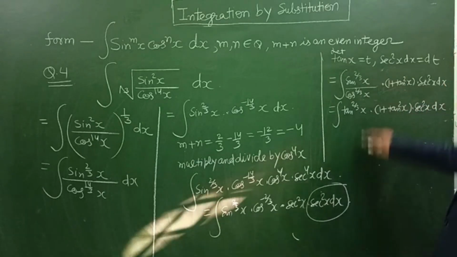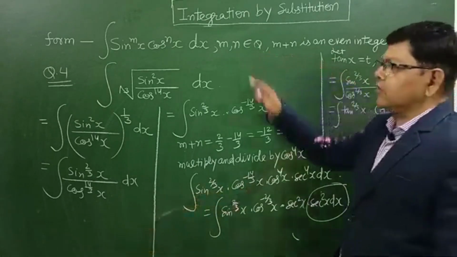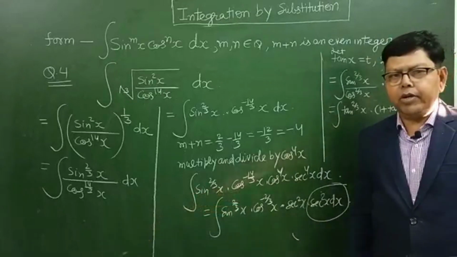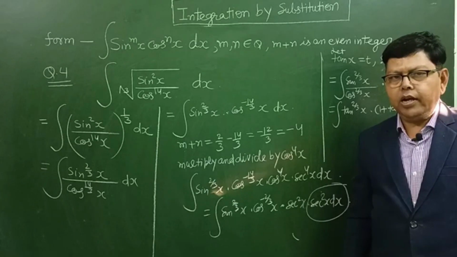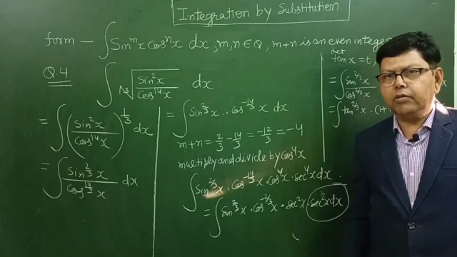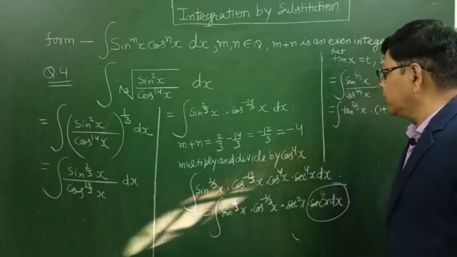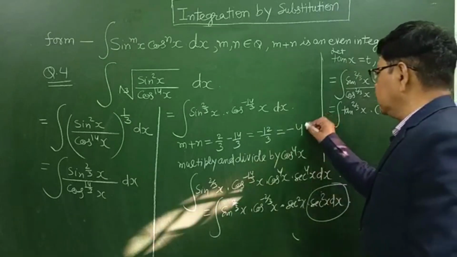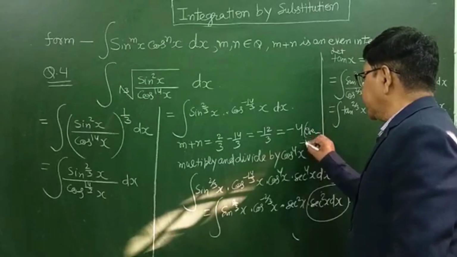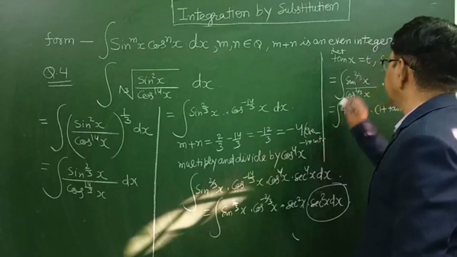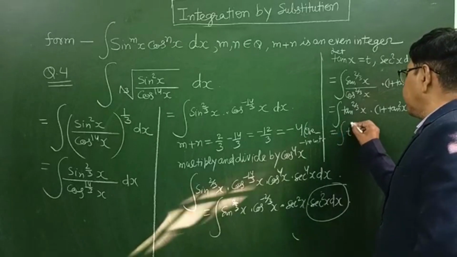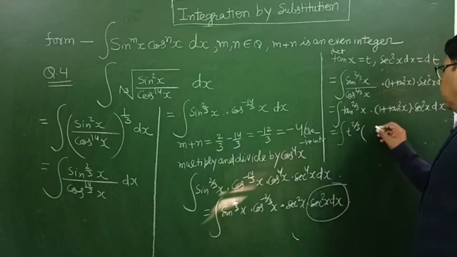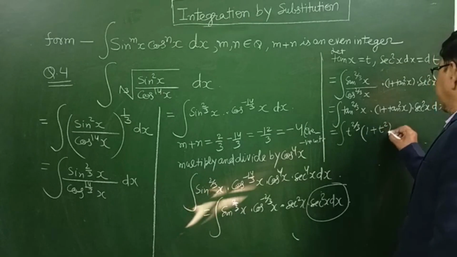Now making the substitution tan x is equal to t, because in all these cases when m and n are rational numbers, the exponents of sine and cos are rational numbers and their sum is an even integer, even negative integer, in that case the substitution is tan x is equal to t. So we can write here t raised to the power 2 upon 3 into 1 plus t square into dt.